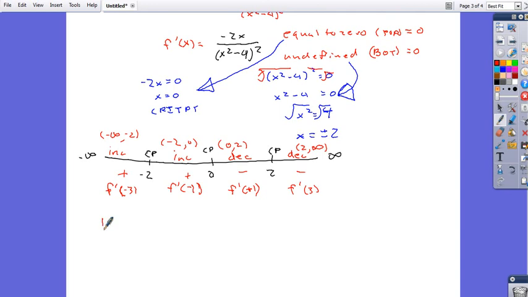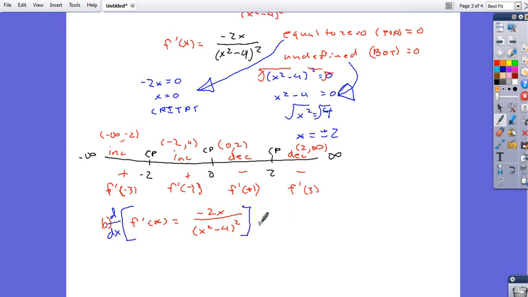So we're at B. f prime of x is equal to negative 2x over x squared minus 4 squared. Now we're going to take the derivative of that, d over dx of all that stuff.